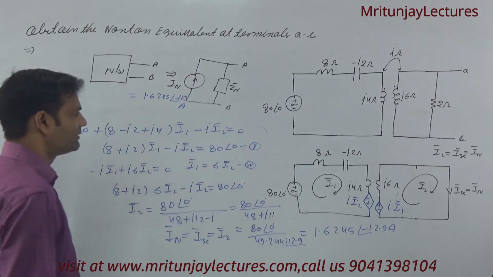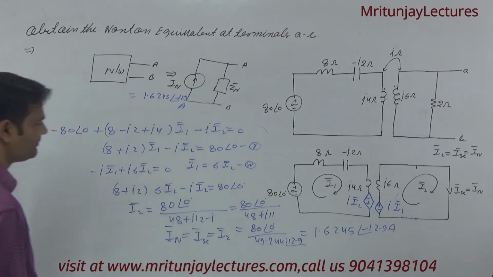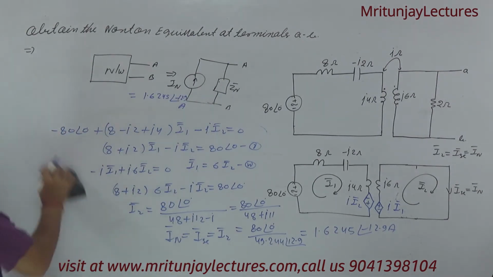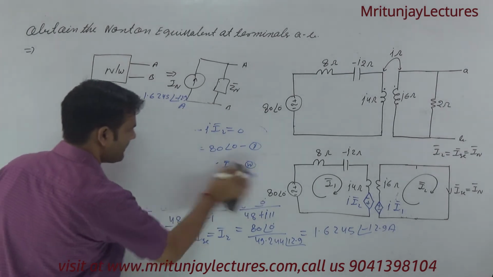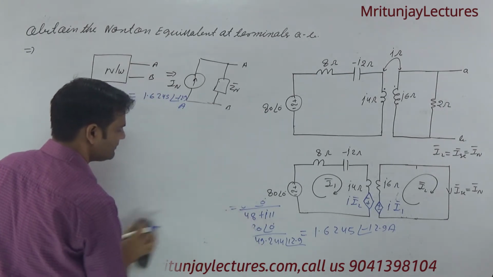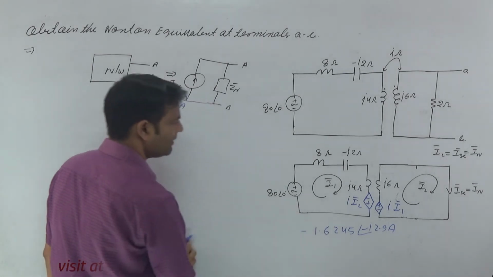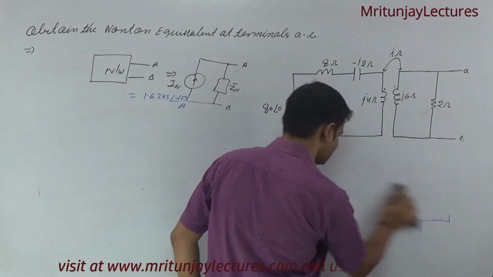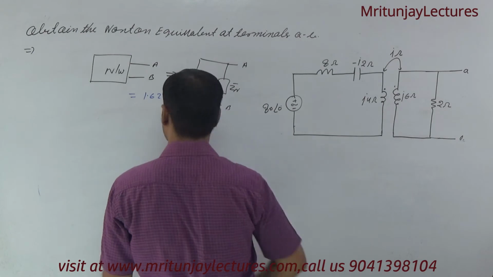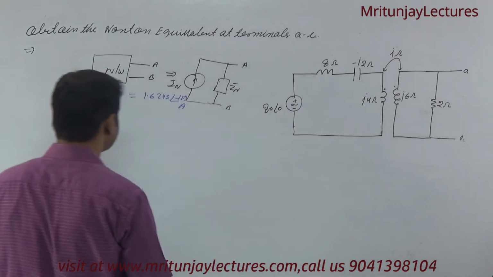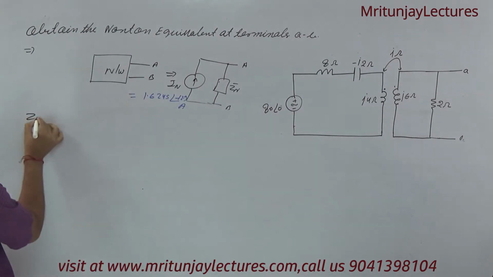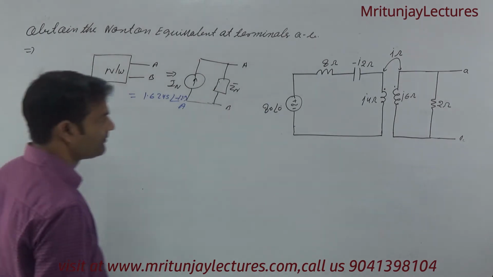Now next target, is it clear or not? That is IN. Our next target is ZN. How can we determine it?